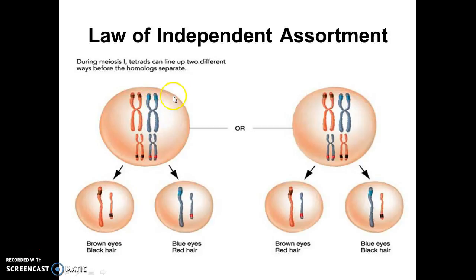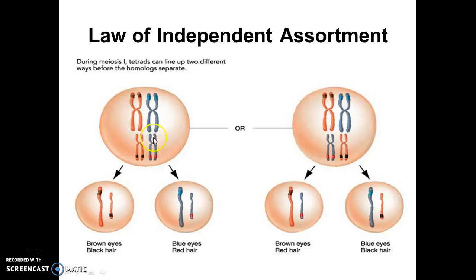So let's just pretend that this blue color right here is coding for the gene for blue eyes. And then this darker part of this chromosome is coding for brown eyes. Brown is going to mask the blue, so this individual would actually show brown eyes.